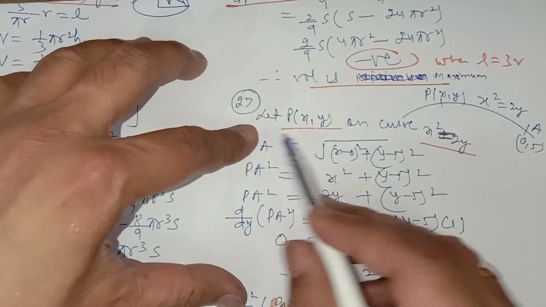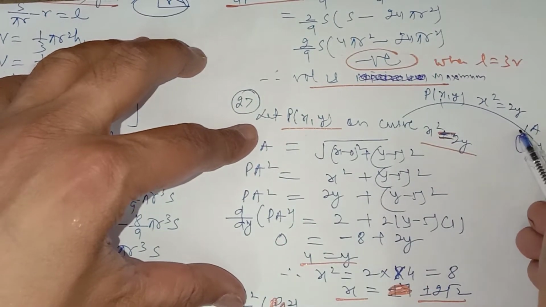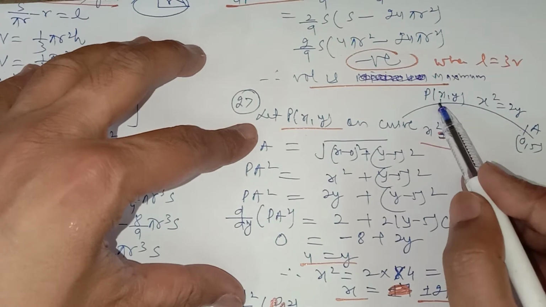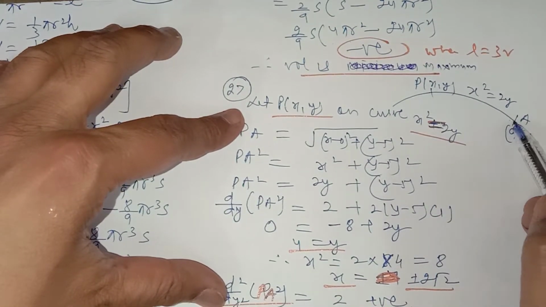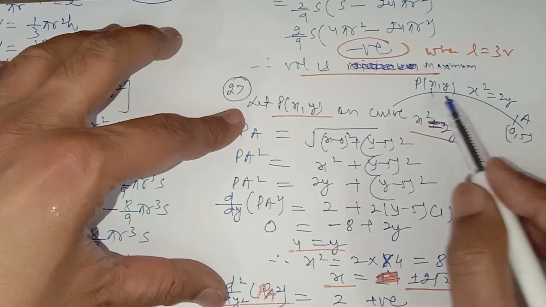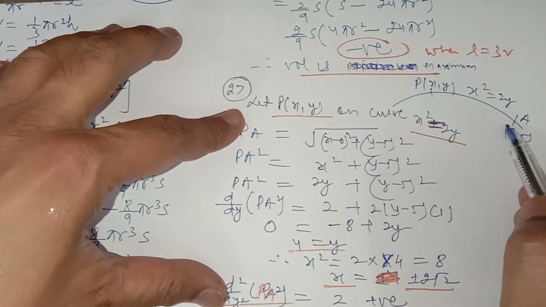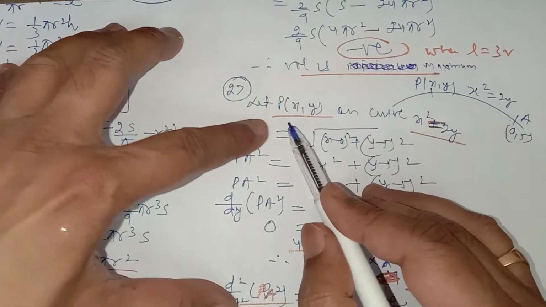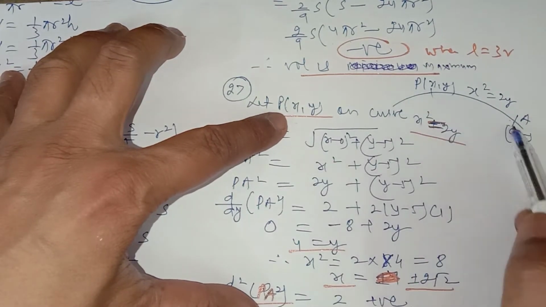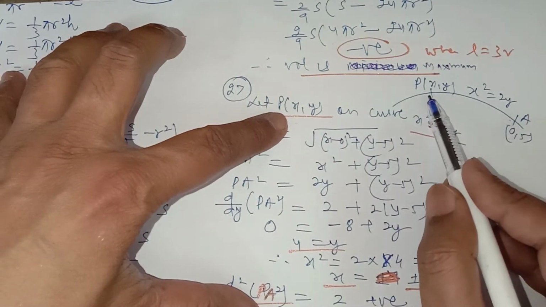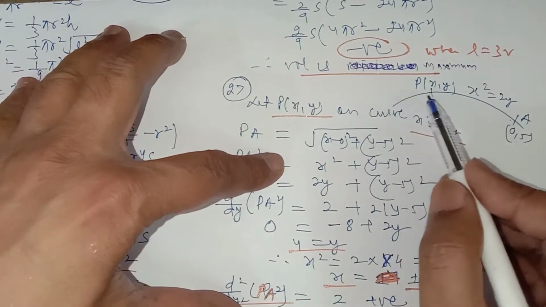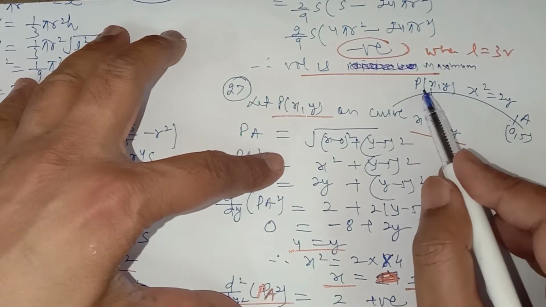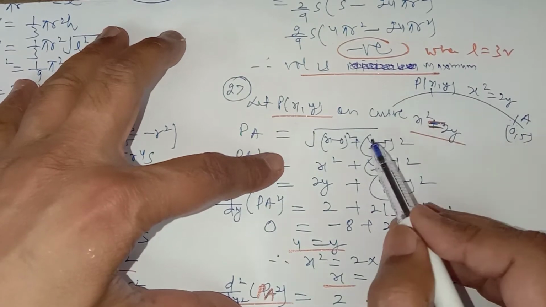Now the curve is given as x square is equal to 2y, and you have to find the point on this curve so that its distance from the point (0, 5) should be minimum. So let P(x, y) be a point on the curve, and the distance of this point from point A can be found by using the distance formula: (x2 minus x1) whole square plus (y2 minus y1) whole square.